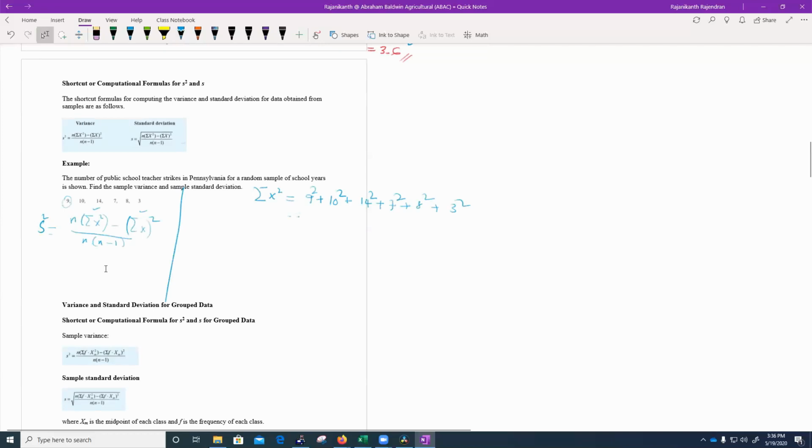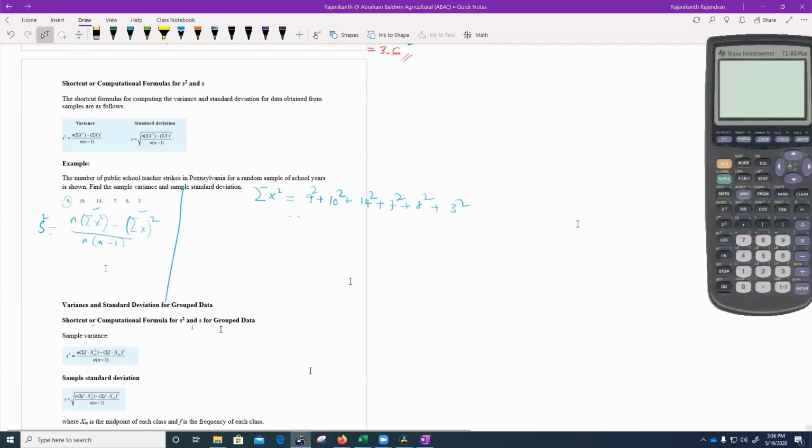Check your calculator and simplify this. So 9 squared plus 10 squared plus 14 squared plus 7 squared plus 8 squared, then 3 squared. I'm adding all the squares. Press enter, and you will get 499.